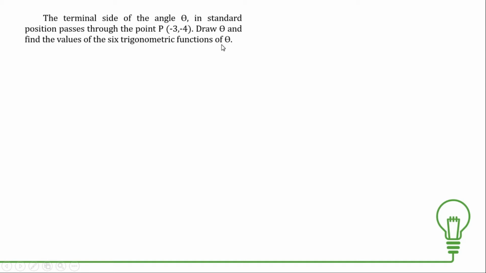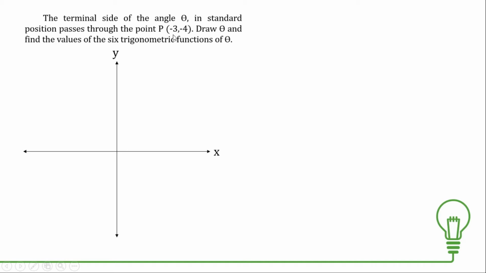First things first, we need our Cartesian coordinate system. Let us analyze this. It says here that the terminal side passes through a point P with coordinates -3, -4.